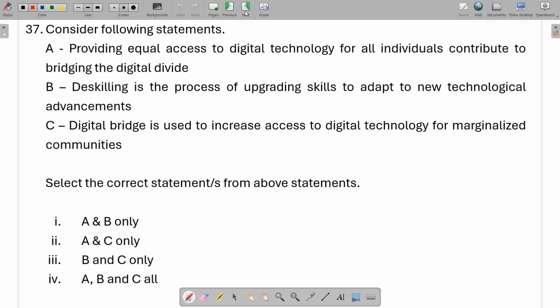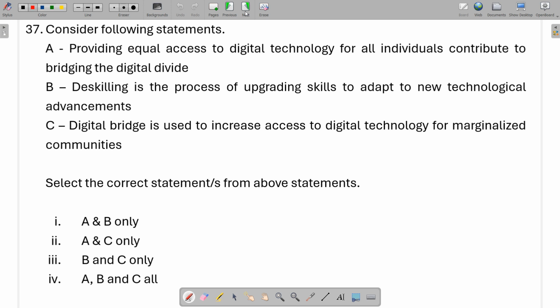37th, consider following statements. There are 3 statements, and they are asking to select the correct statement or statements from the above statements. The statement A says, providing equal access to digital technology for all individuals contributes to bridging the digital divide. Yes, that is a correct statement.